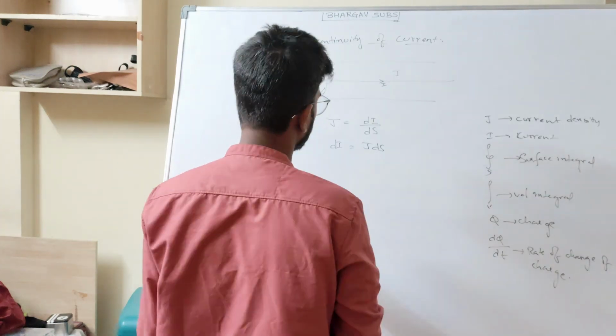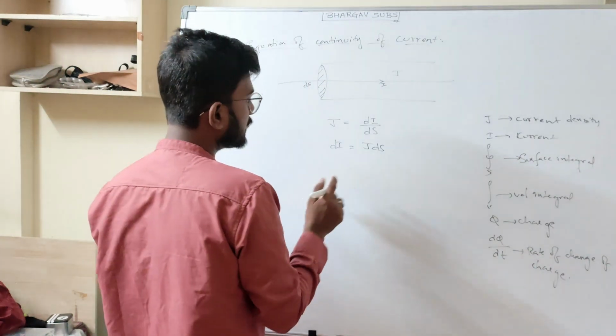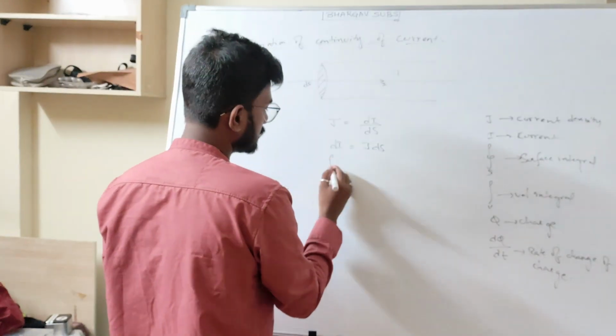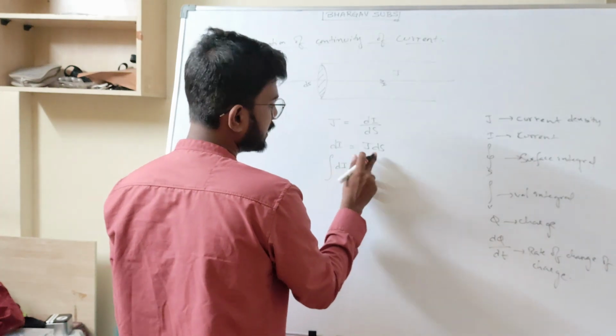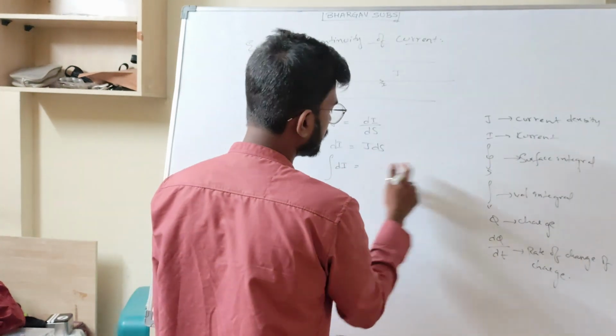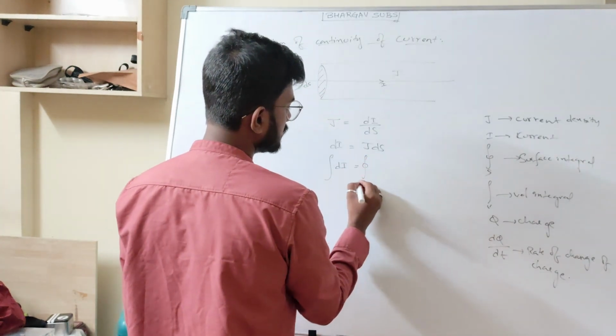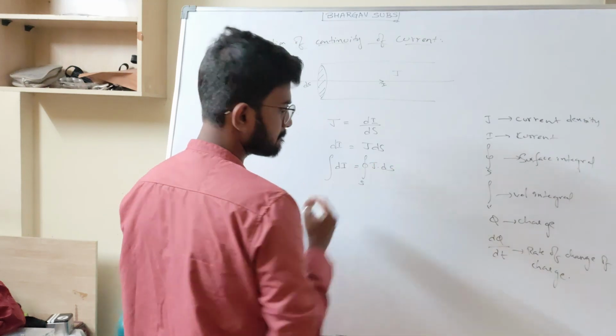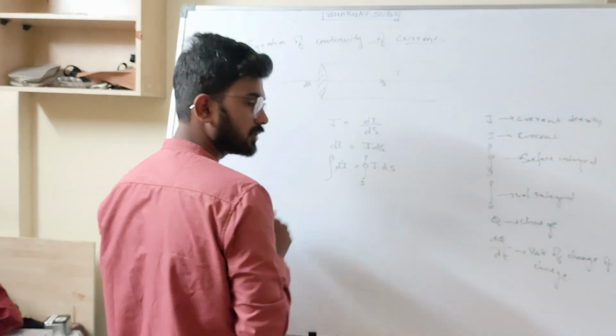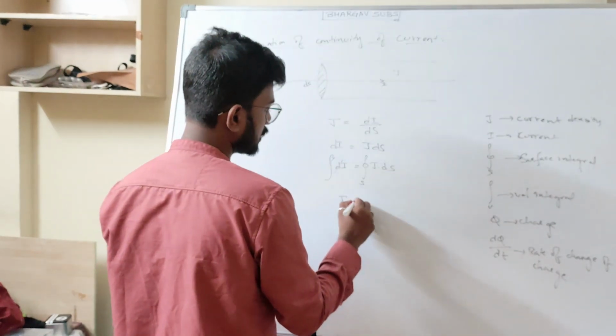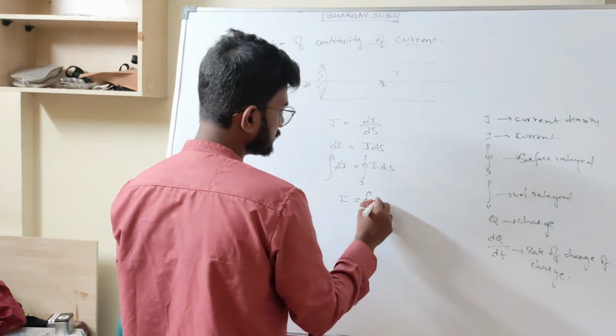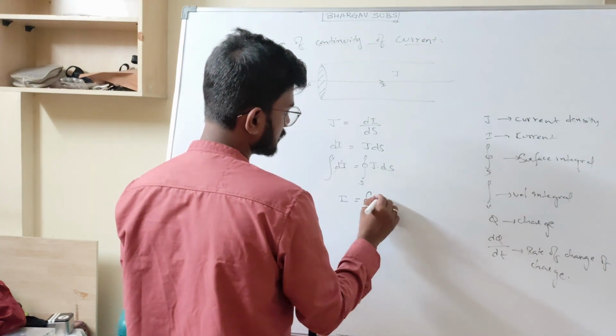Now I am applying integral on both sides. So integral of di is equal to surface integral J dot ds, so the integral and differentiation cancel. So I is equal to surface integral J dot ds, correct?